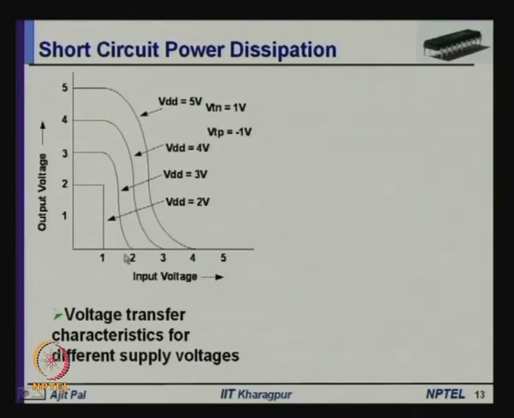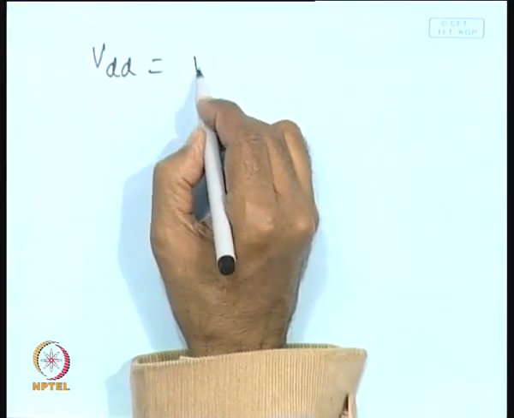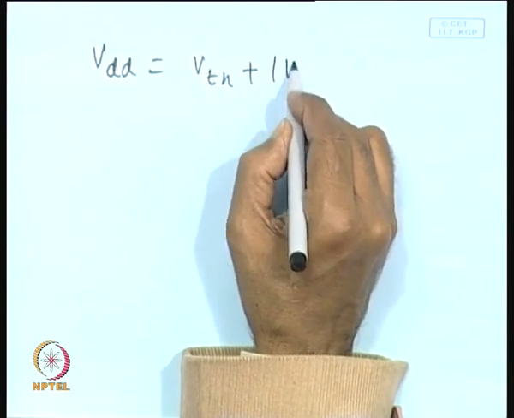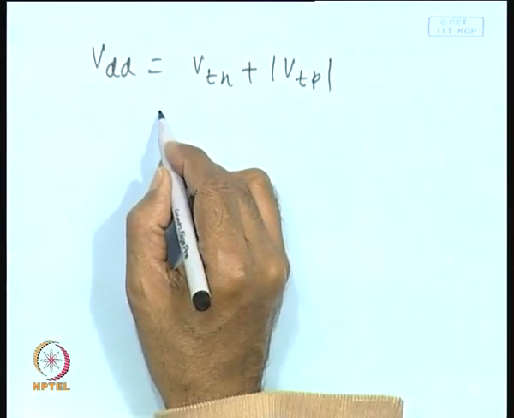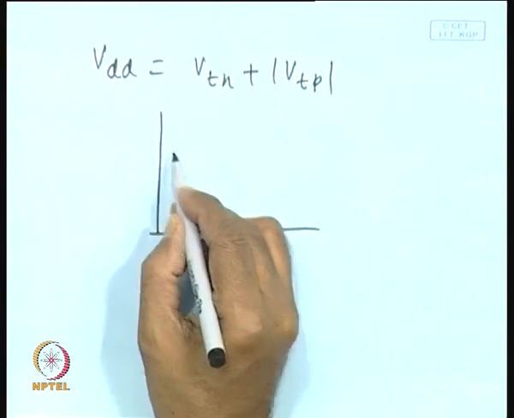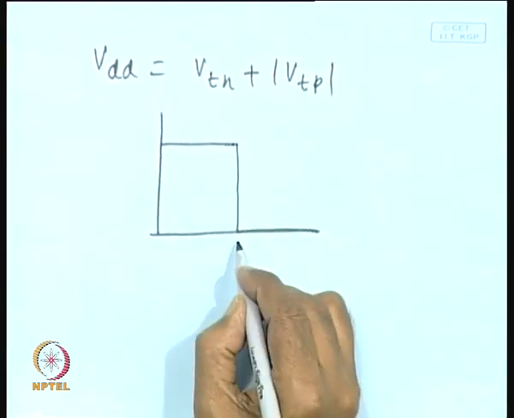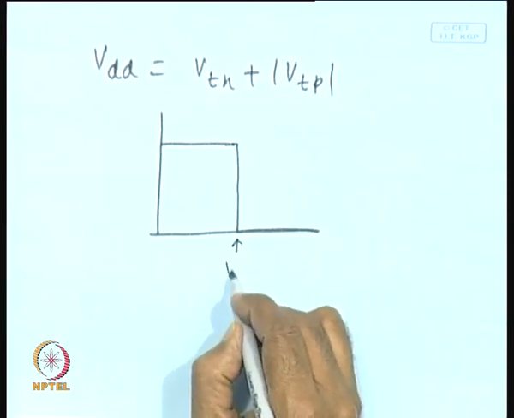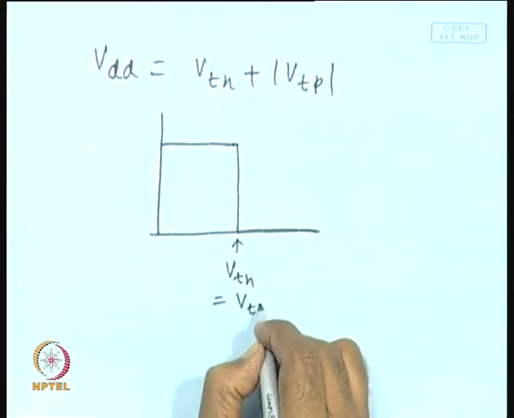And when we reach the point VDD is equal to Vtn plus absolute value of Vtp, at that point what will happen? At that point, as we know, the transfer characteristic will be somewhat like this, and this is the point where you have got Vtn, and also this is equal to absolute value of Vtp.